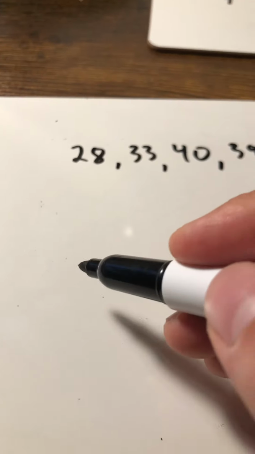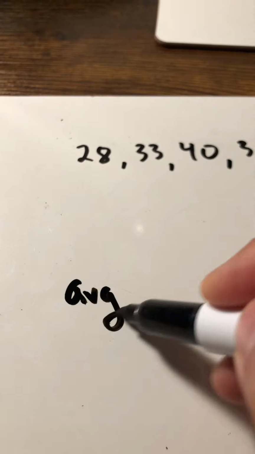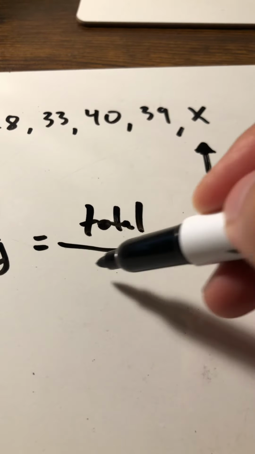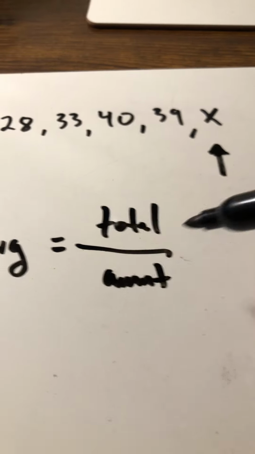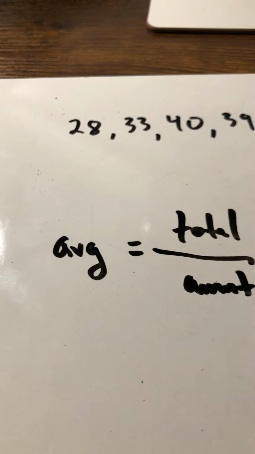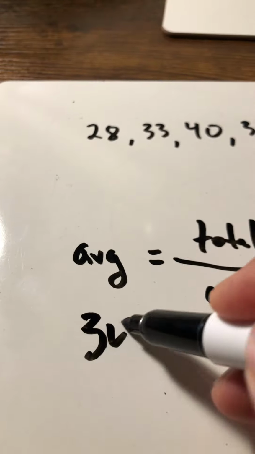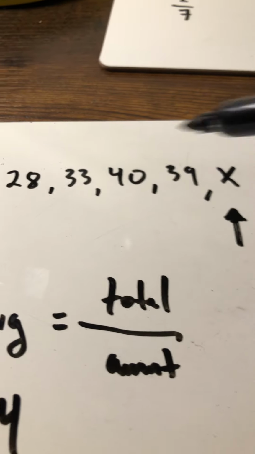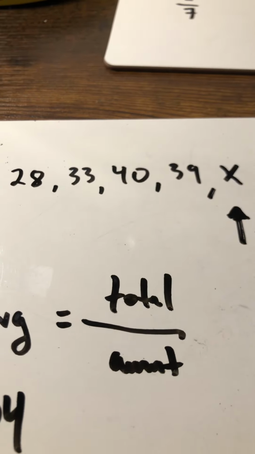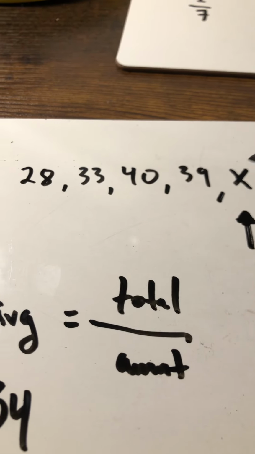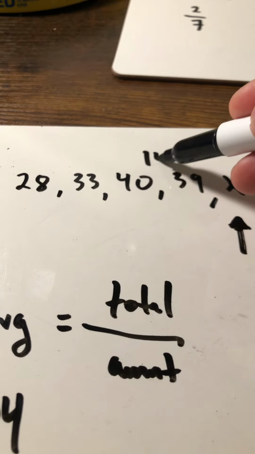We use the formula for average, which is average equals total over amount. In this case, the average is 34. And the total is going to be all of these numbers added up. I already added up these 4 numbers. It turns out it equals 140.